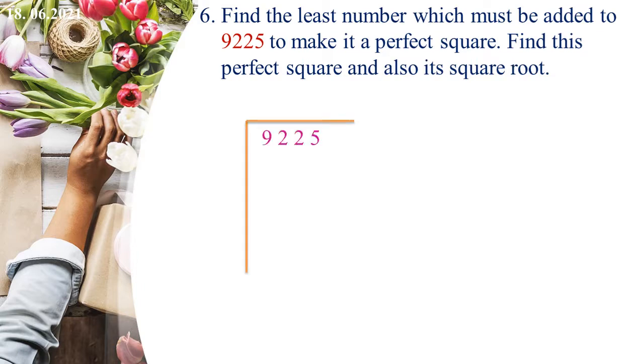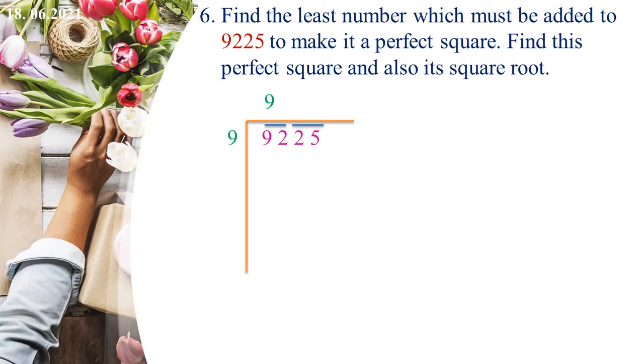Here, 9225 is the dividend. First, mark off the digits in pairs starting from the units digit. Then, we should find the largest number whose square is equal to or just less than the first period. Here, the first period is 92.